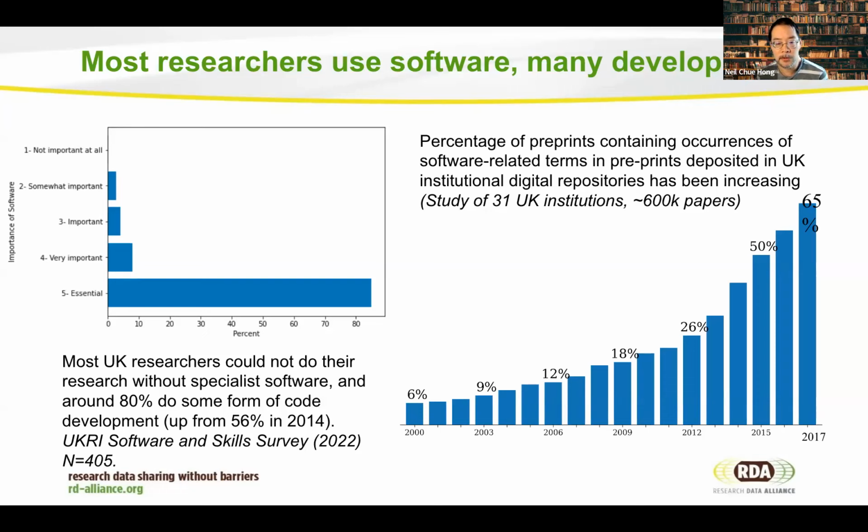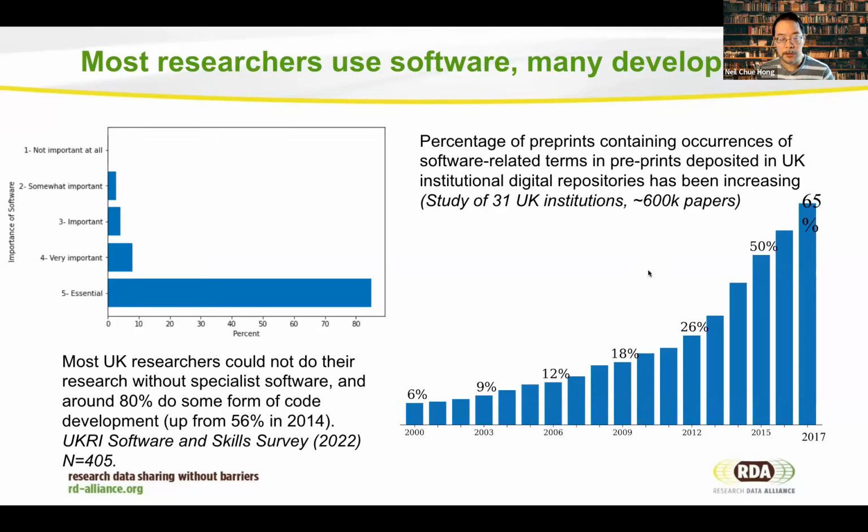And it sort of shows the prevalence of software increasing. So in 2000, it was about 6% of preprints that had been deposited that contained something to do with software. And in 2017, it's gone all the way up to 65%. And I think what that shows, because it's preprints rather than published articles, is how much software has just become a part of the research process.